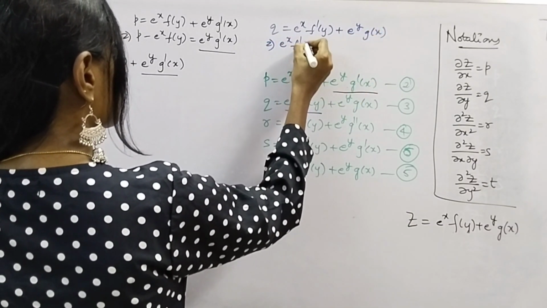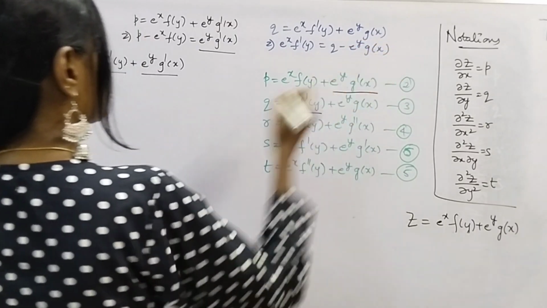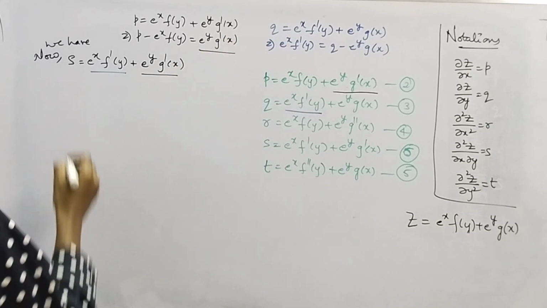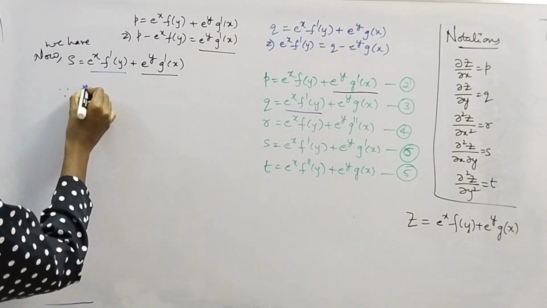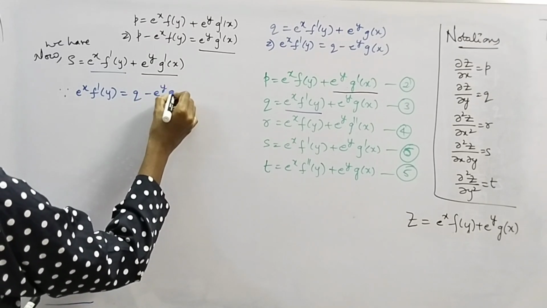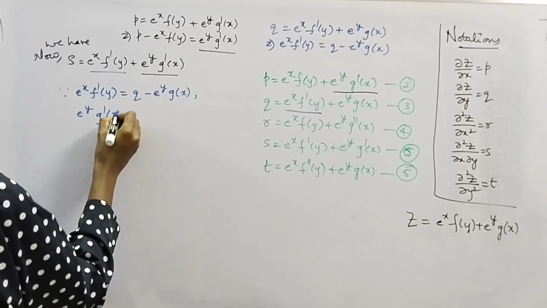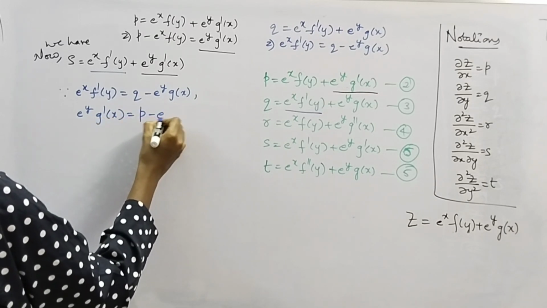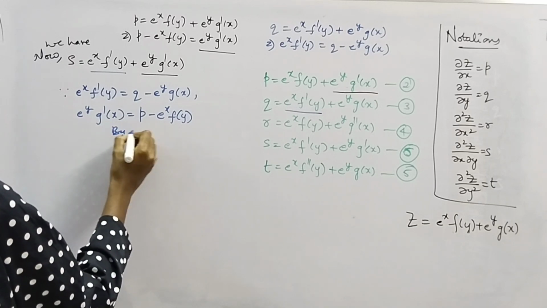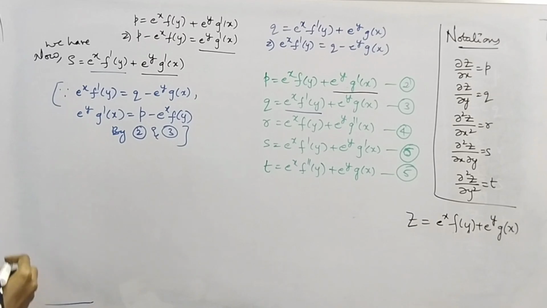So from this I'll get e power x f dash of y equal to q minus e power y g of x. Okay, now I'll just replace these two by these values, since e power x f dash of y can be replaced by q minus e power y g of x, and e power y g dash of x can be replaced by p minus e power x into f of y, using equations 2 and 3, right?